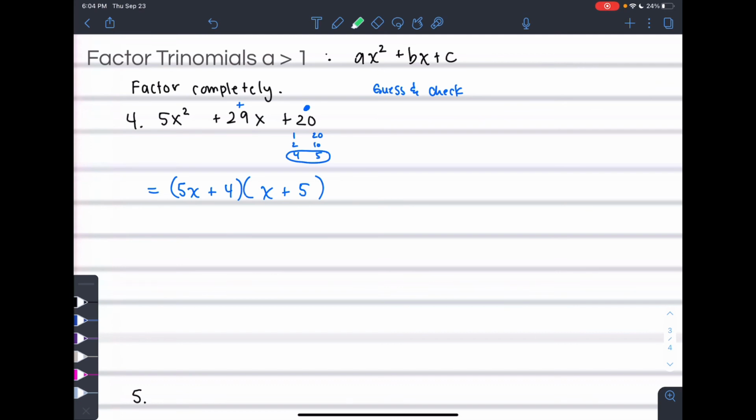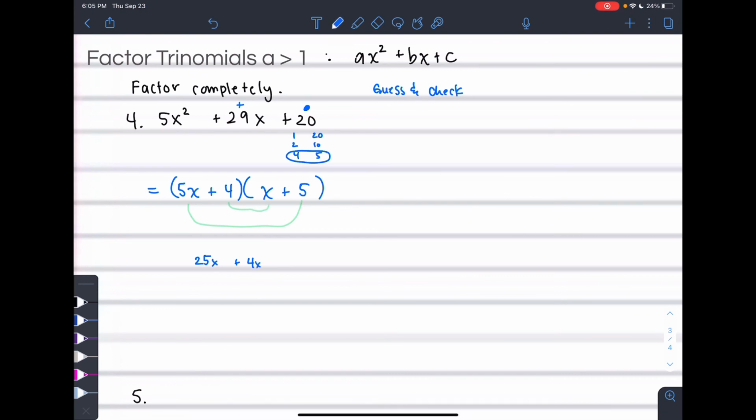In order to quickly check your work, since we already know 5x times x is 5x squared and 4 times 5 would be 20, we only need to figure out, does this combination add up to 29x? So when you check your work, take 5x times 5, which is 25x, and add it to 4 times x, which is 4x.